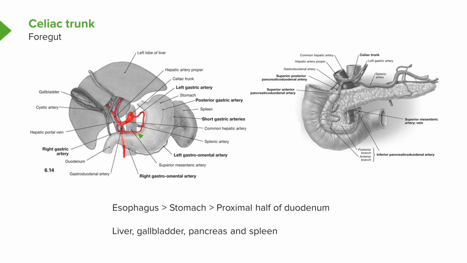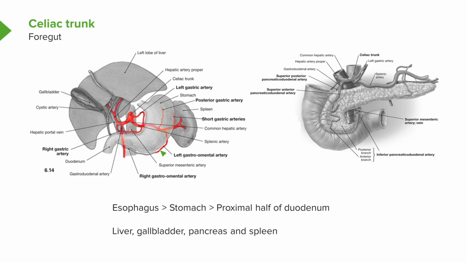Another branch that we haven't mentioned yet coming from the celiac trunk is this large splenic artery that runs to the spleen. This gives rise to some short gastric arteries that supply the fundus and the posterior body of the stomach. And as it approaches the hilum of the spleen, the splenic artery gives rise to this left gastroomental artery.